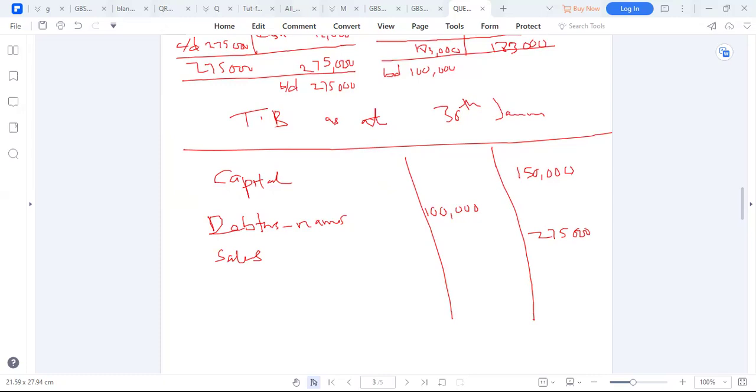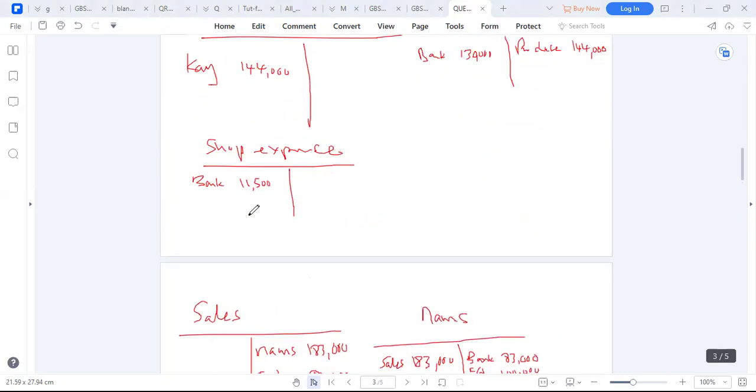We go to our next transaction. Shop expense. So the shortcut is just this figure. This is the only one. It will be the balance brought down here, 11.5. Why?